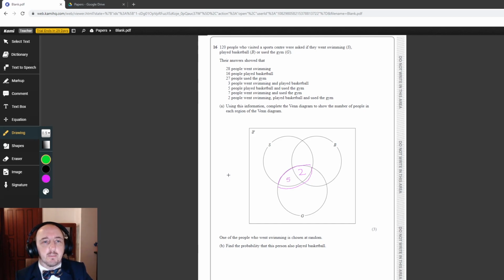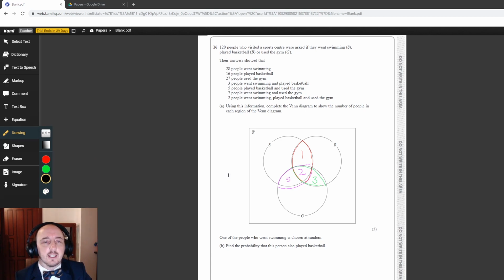For the next one up, 5 people played basketball and used the gym. Basketball and gym is that intersection there, so we need that to equal 5, so we need another 3. And for swimming and basketball, that has to equal 3, so we need an additional 1.